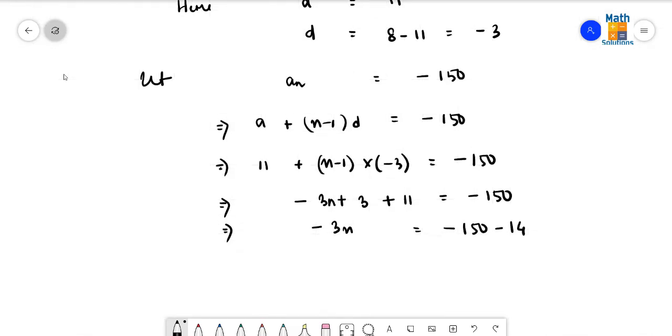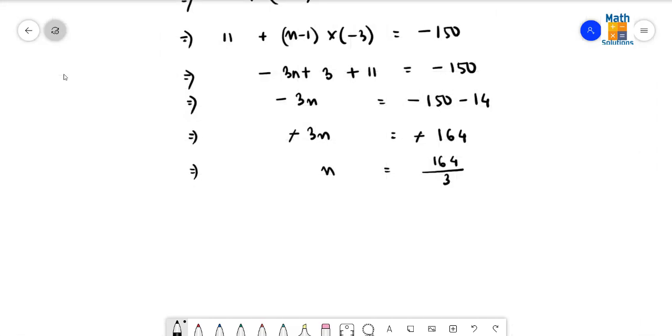And then what result we get, minus thrice n is equal to minus 164. So minus minus got cancelled on both sides, and then we get n is equal to 164 by 3. So this is 164 by 3, which is a fraction, an improper fraction, which can be converted into decimal also.